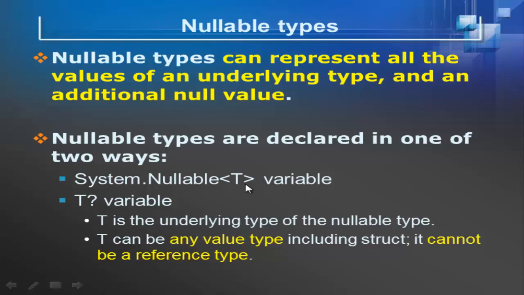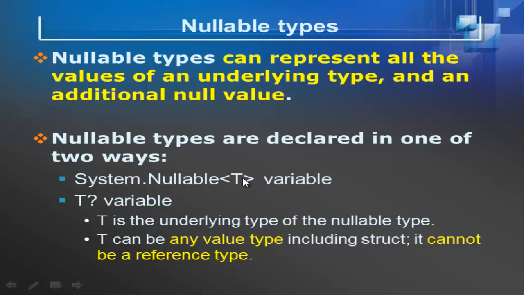Now what is the meaning of this? System.Nullable of T. Nullable of T means T is a type that can be replaced by any data type. For example, I can say System.Nullable of int, System.Nullable of float, System.Nullable of structure, but I cannot say System.Nullable of Student.